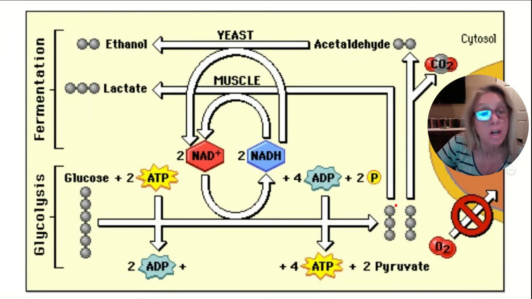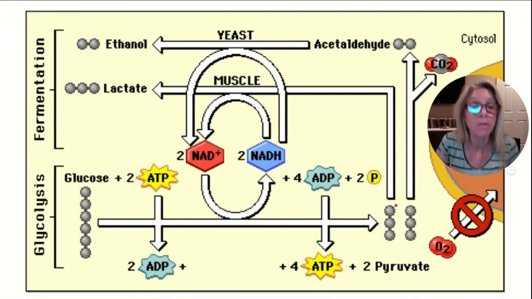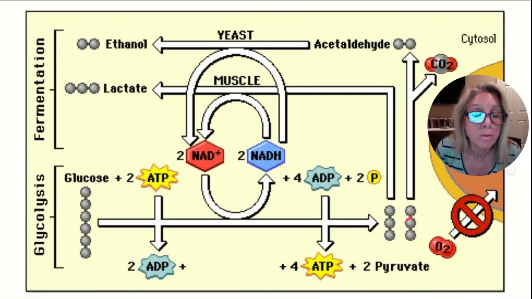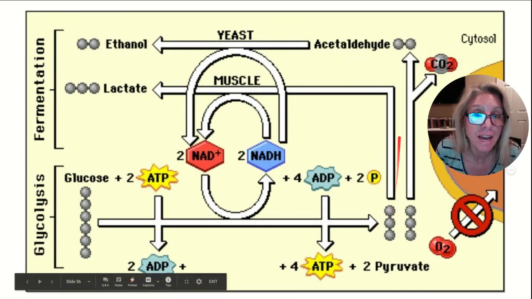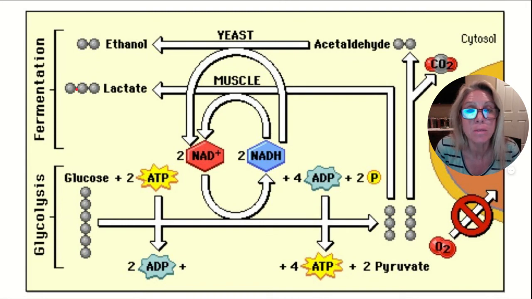So here are 2 options. The option you and I do as backup when we're in oxygen debt, like when I'm working out too hard, is we take these pyruvates and reduce them right here in our muscles into lactate or lactic acid, which makes our muscles sore. Remember redox: if you reduce something, you oxidize something else.